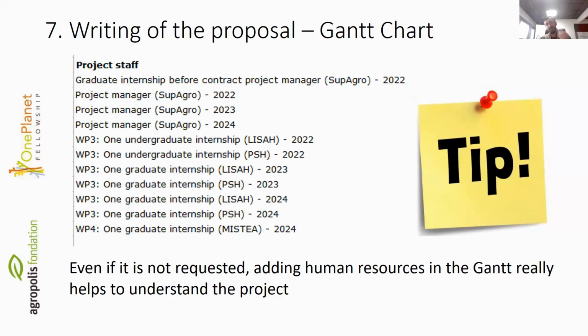So here it's good to have, okay, now we know that we're going to have one internship at LISA in 2022, one at PSH, and with the corresponding work package. And you could even sometimes have your Gantt chart at the beginning with all your activities and have another one under it with the same thing for the human resources.